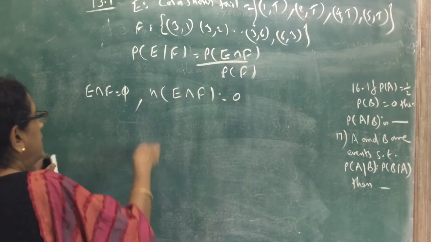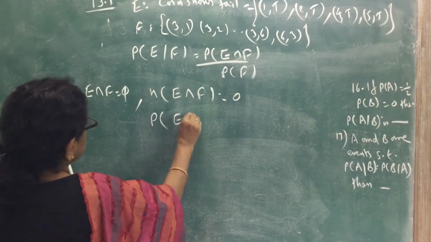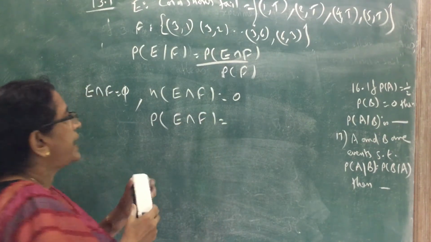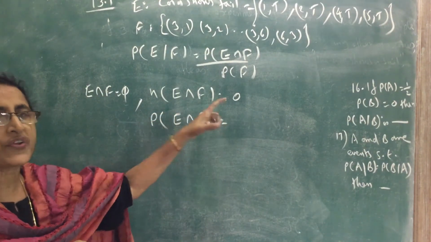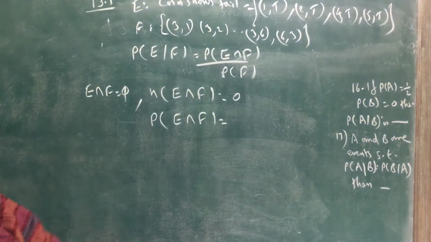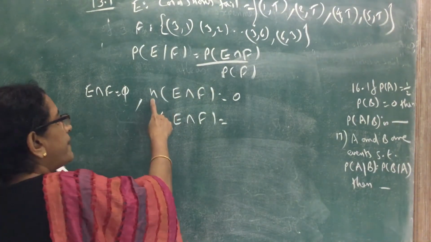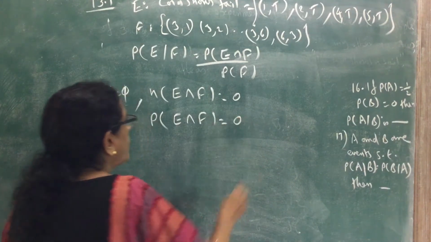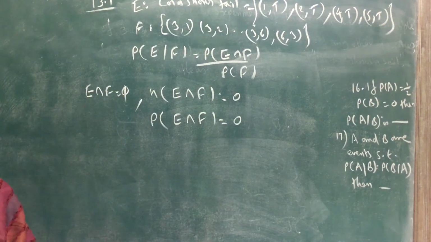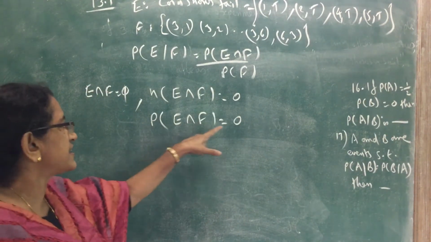Probability of E intersection F equals number of E intersection F by number of S. Since number of E intersection F is 0, the numerator is 0. So probability of E intersection F is 0.